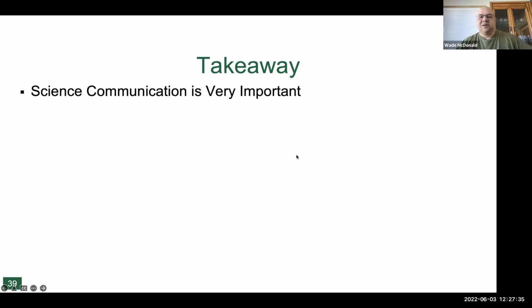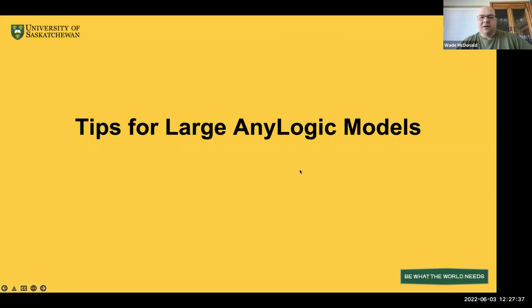So I think that's a big takeaway. Some of us modelers might be technical and like to focus on the computer side of things, but there's certainly an interface with human beings that is a very important part of it.